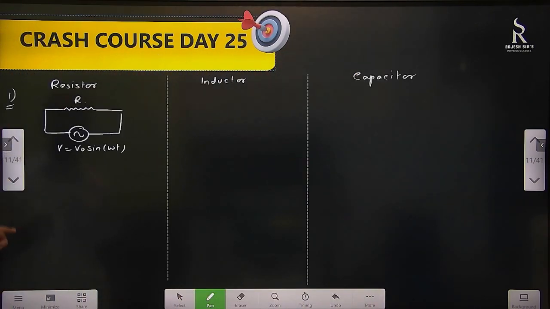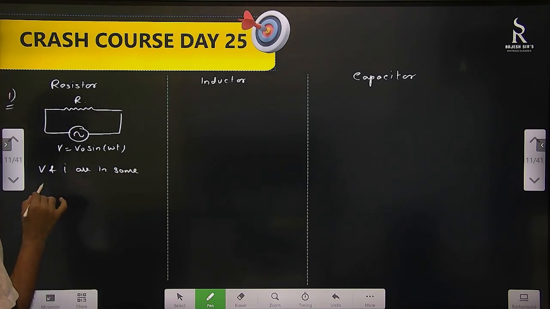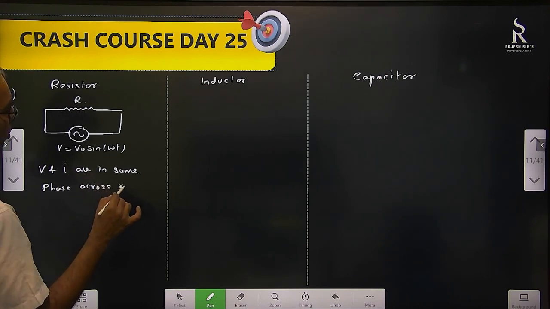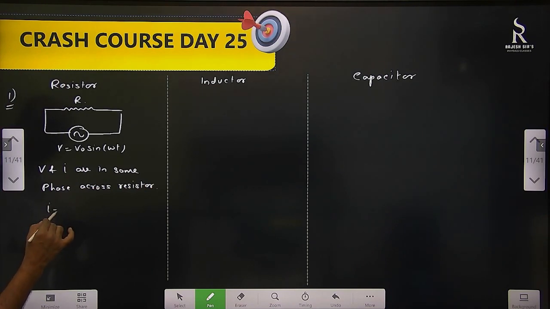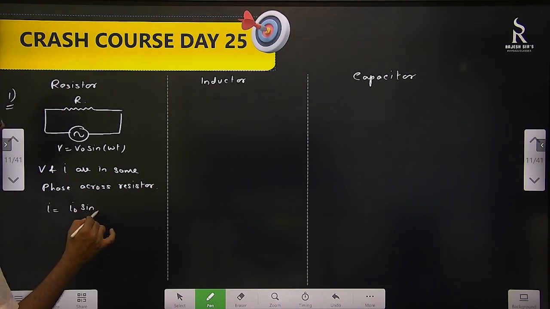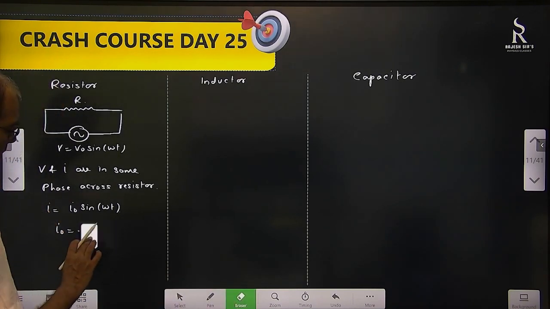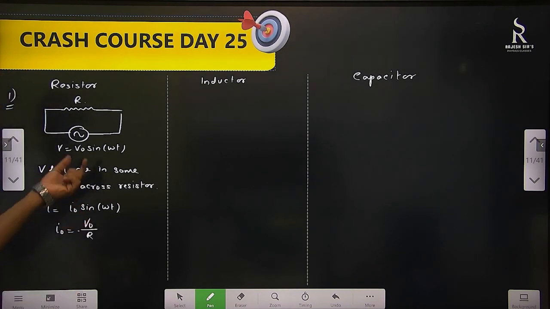So I will be I naught sine omega t, and I naught is actually V naught by R. They are in same phase.